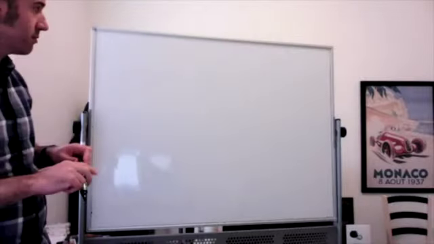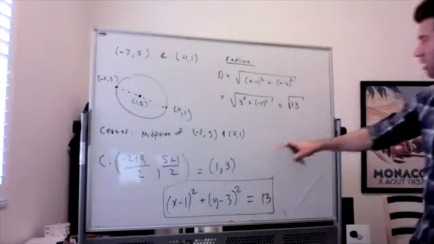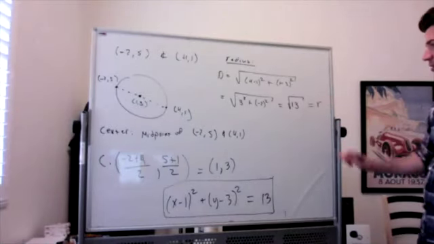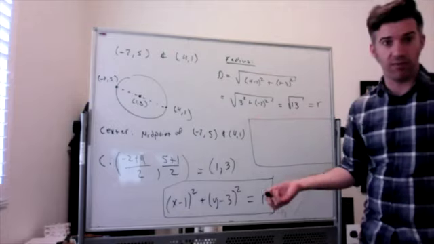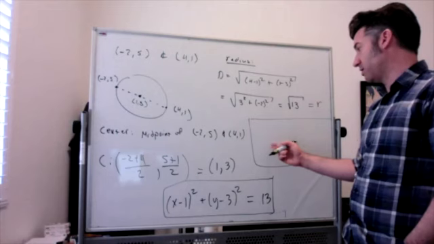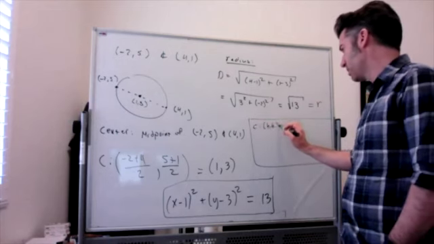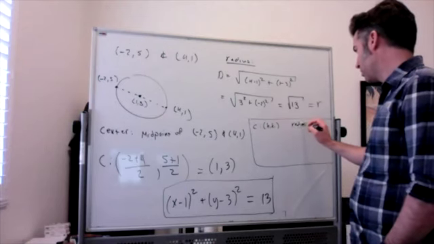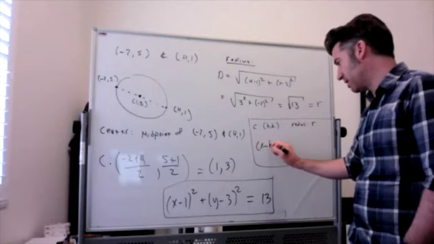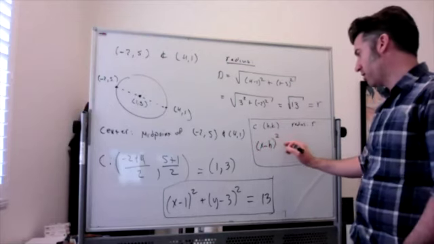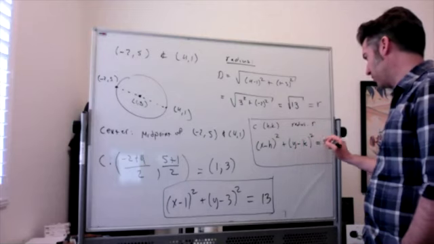Can you show the end of that last problem really quick? I didn't get it. Totally. So we found the center, we found the radius, and then we're essentially using the standard form of an equation of a circle, which is that if you know the center is a point, like, so if we know the center is (h, k) and the radius is r, then the equation is x minus the x coordinate squared plus y minus the y coordinate squared equal to the radius squared.